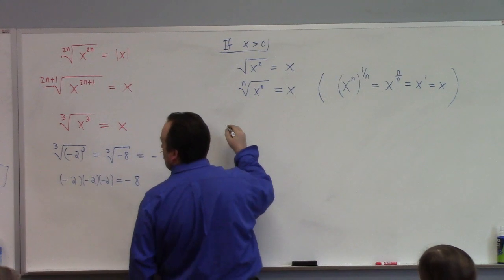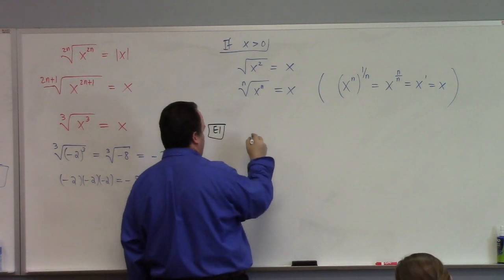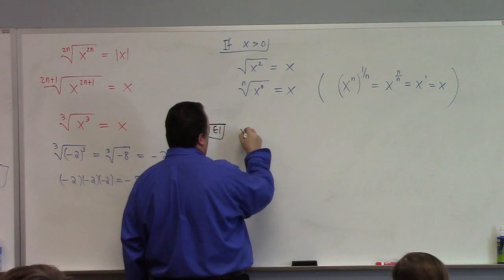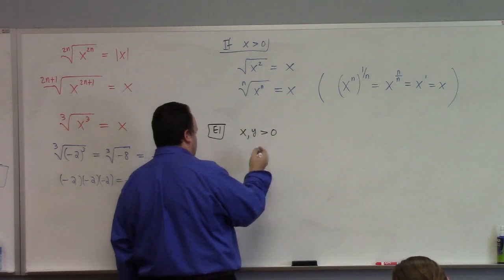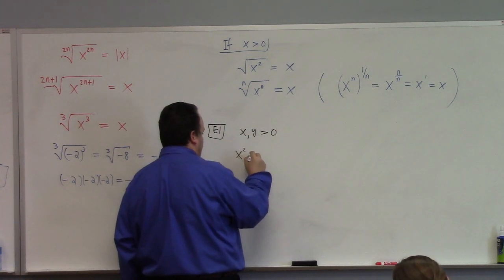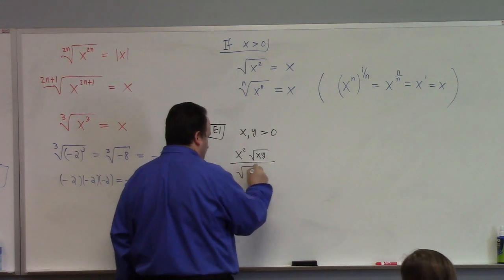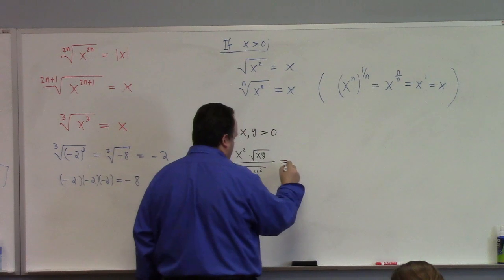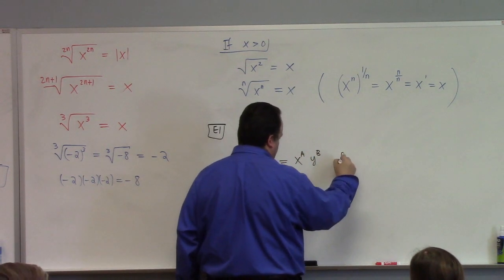Let's see here. So this, I guess, is example 1. Suppose x and y are positive, all right? And let's suppose that we've got x squared times the square root of xy, divided by the cube root of xy squared, and that's equal to x to the a times y to the b, and then I say find a and b.